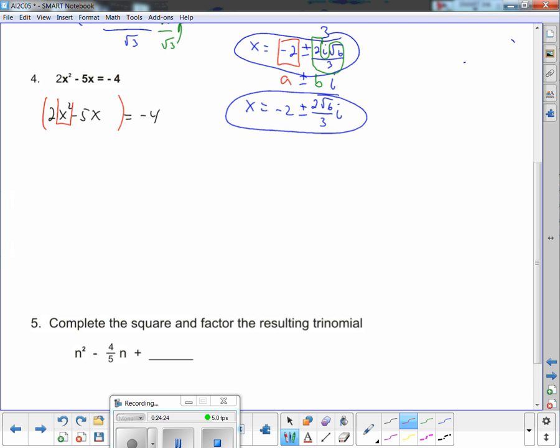I really need this x squared to be an x squared. If not, I'm going to have radicals and stuff in my perfect square. And so, believe it or not, I need to factor out this 2. I have to. Okay, so something new again, but that's okay. We can handle that. The front term is no problem. It's an x squared.